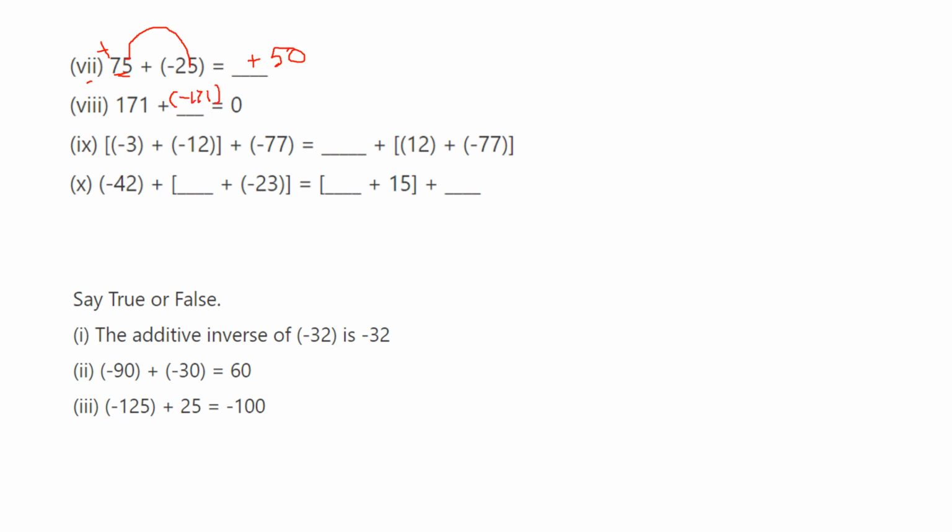Next one, bracket of minus 3 plus minus 12 closing bracket plus minus 77 equals dash plus bracket of 12 plus minus 77 closing bracket. This is the associative property.